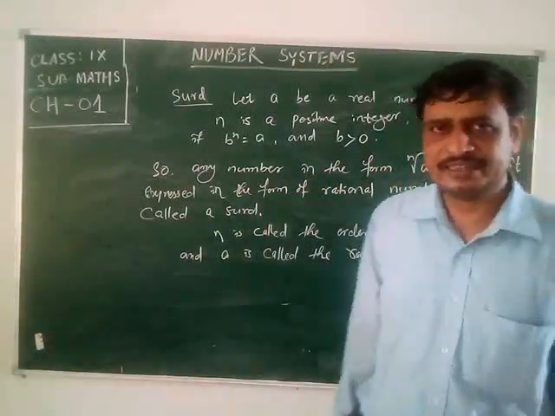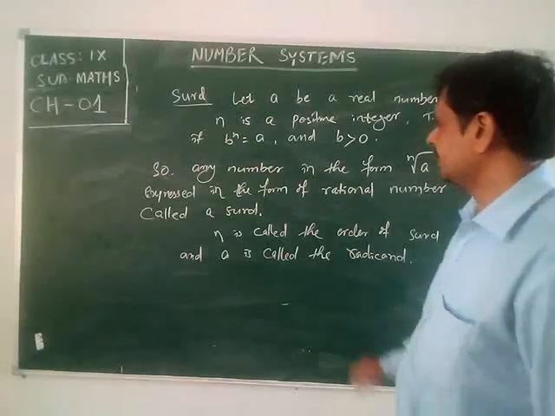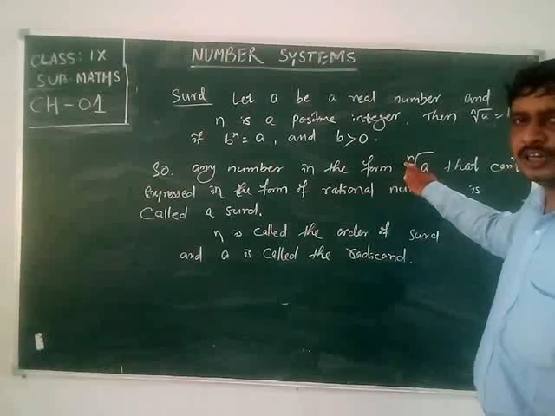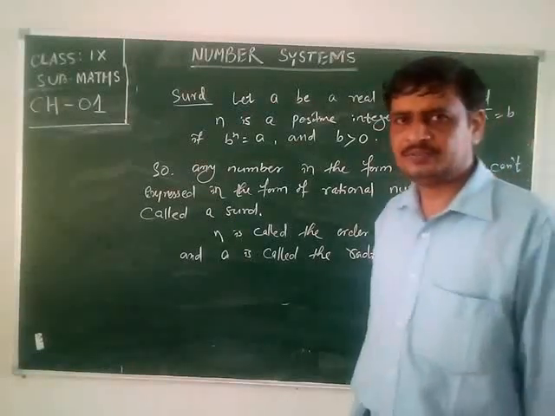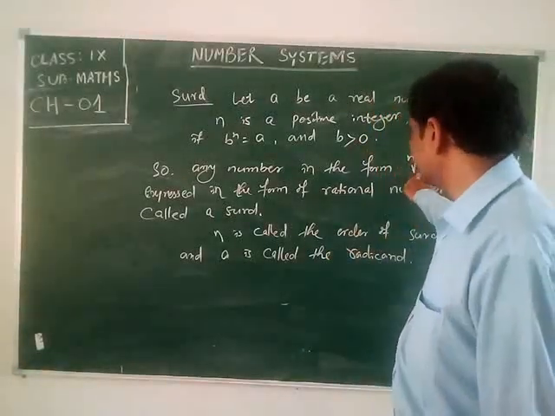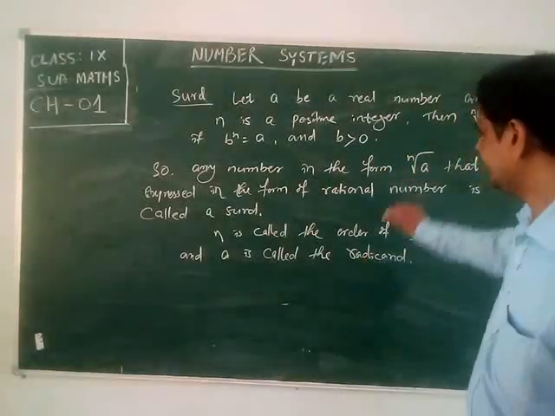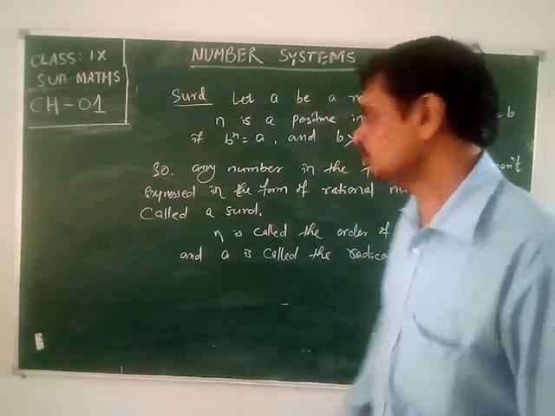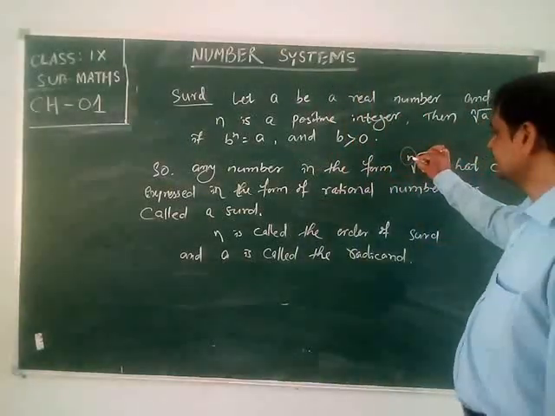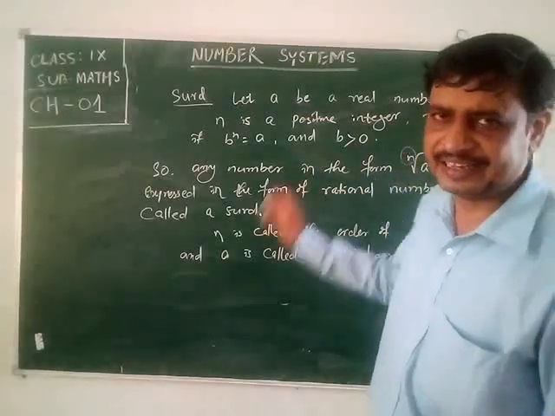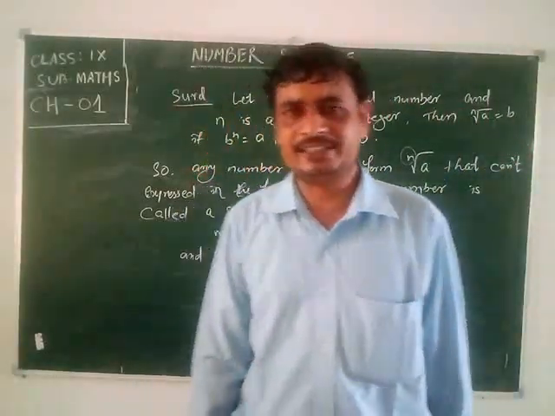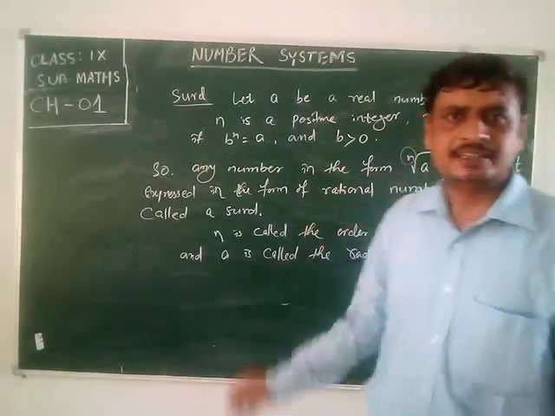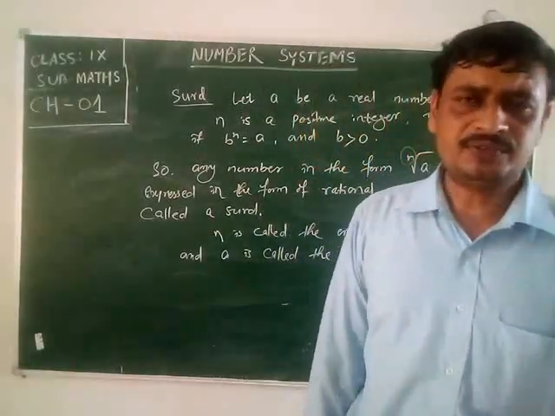That is called a surd. The n denotes the order of the surd. And this real number A is called the radicand. This A is called the radicand and n is said to be the order of the surd.